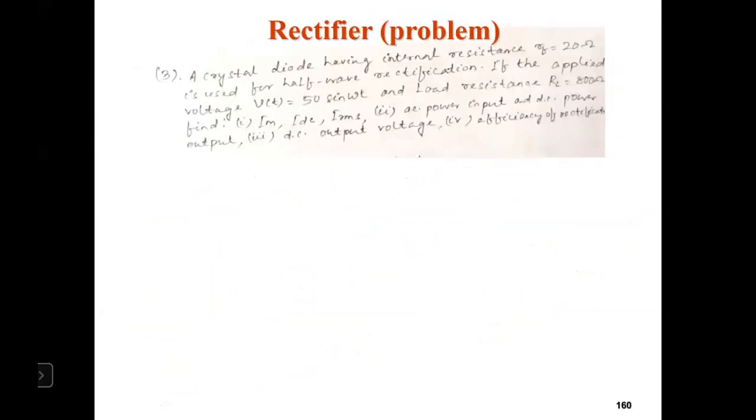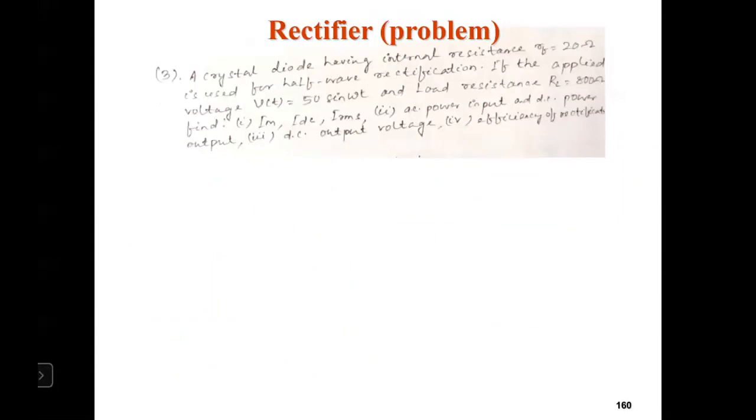The crystal diode having internal resistance of RF 20 ohm is used for half wave rectification. If the applied voltage is 50 sine omega t, and the load resistance RL is 800 ohm, find IM, IDC, IRMS, etc. Tell me how I'll proceed.